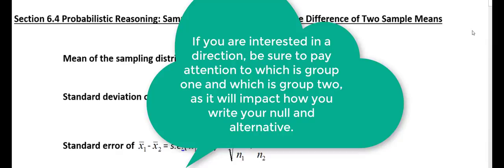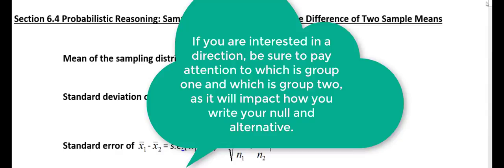However, if I had my differences being mu1 was cats and mu2 was dogs, then my alternative would be mu1 is less than mu2. So remember, if you're interested in direction for your research hypothesis, that would affect what mu1 and mu2 were and what the direction was in the alternative.